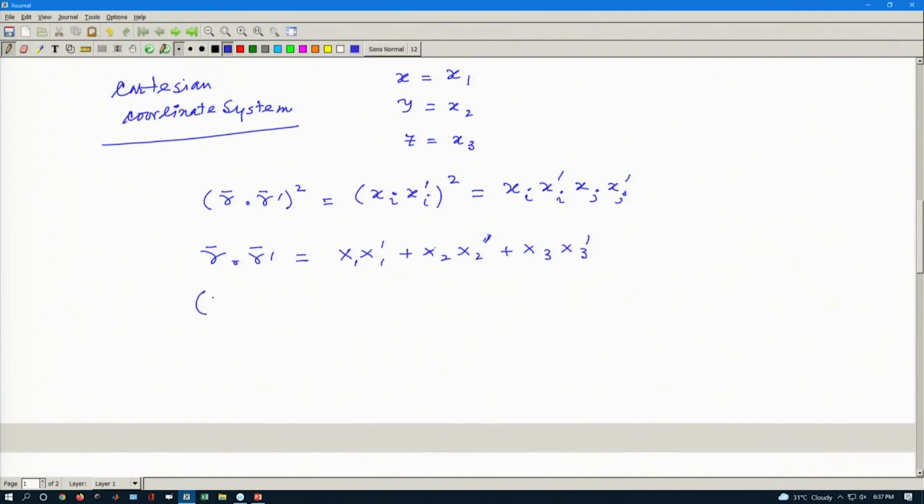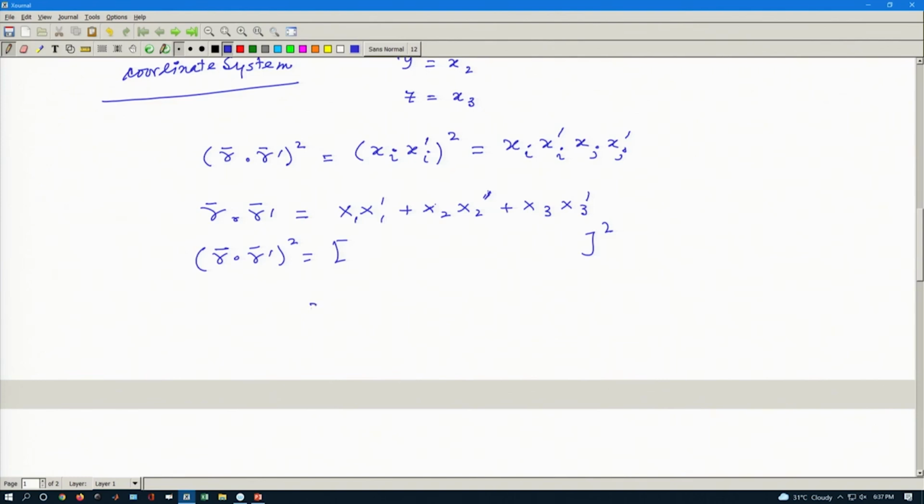Now if you square this quantity on the left hand side, then on the right hand side, whatever you have, you square it, and when you square you have the cross term, multiplication of the same terms.